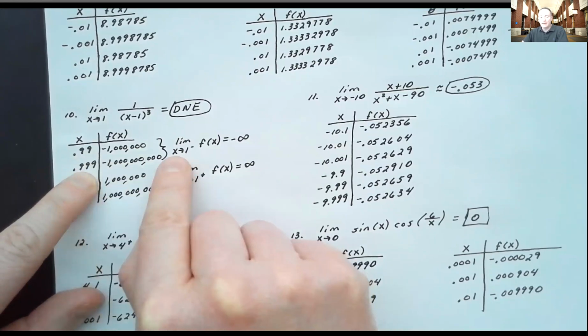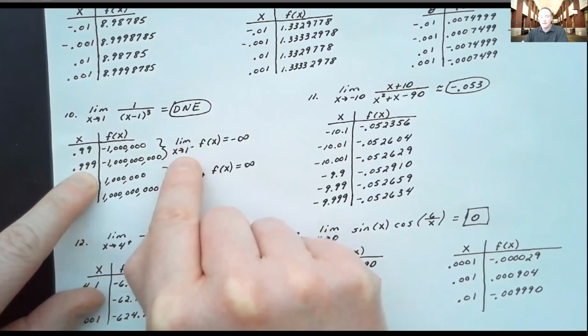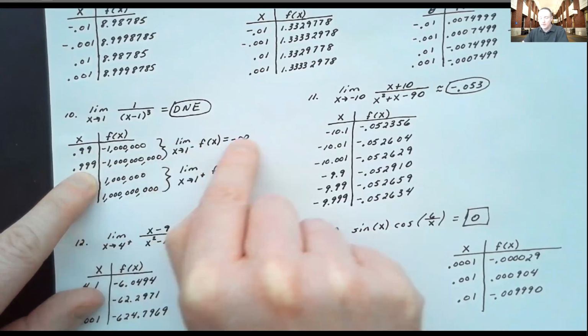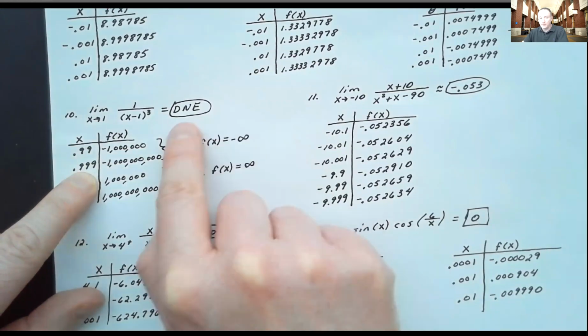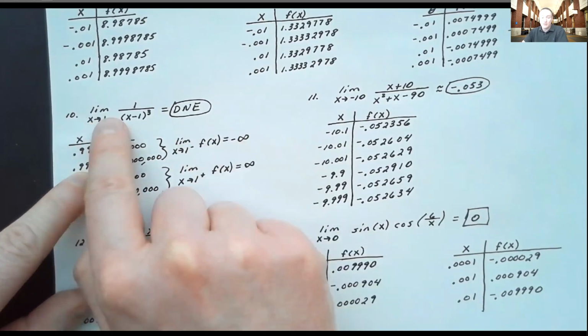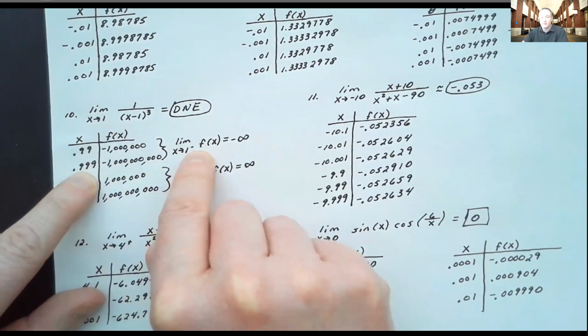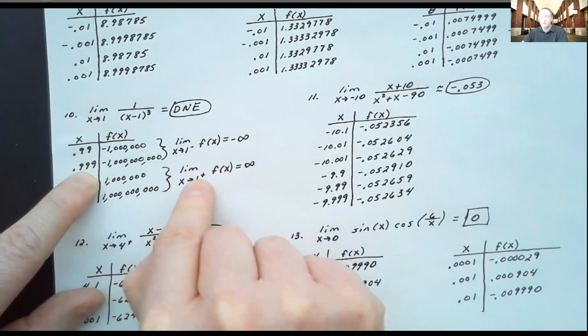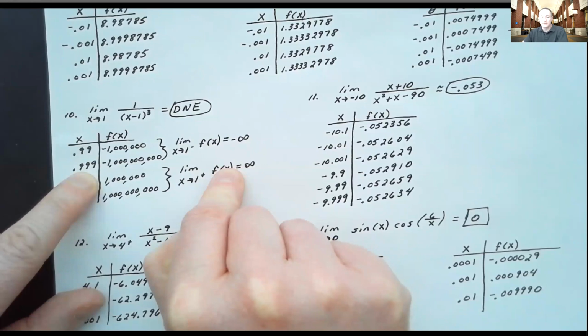So that automatically told me the limit as x approaches 1 from the left of this function, and I showed this over here because this in and of itself would be a good question. Instead of asking the overall limit, I could just say, what's the limit as x approaches 1 from the left of this function? And you'd say, well, clearly it's -infinity. What's the limit as x approaches 1 from the right of this function?